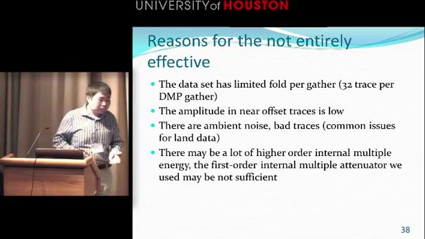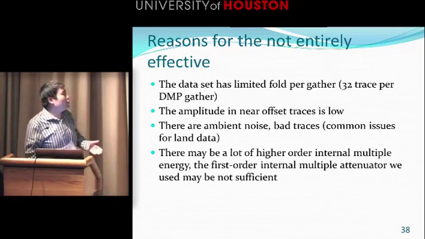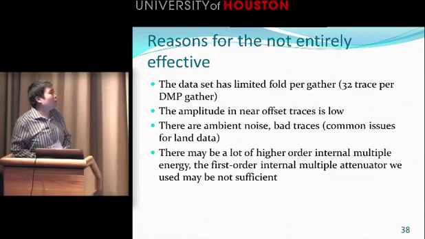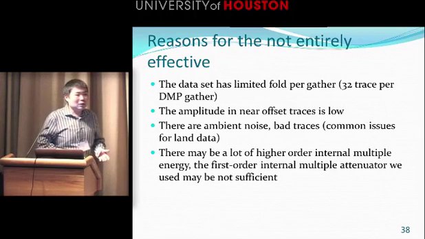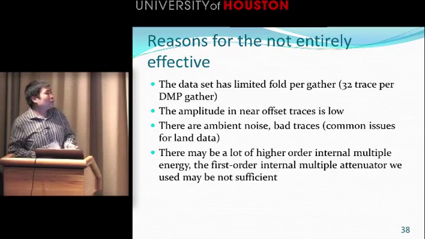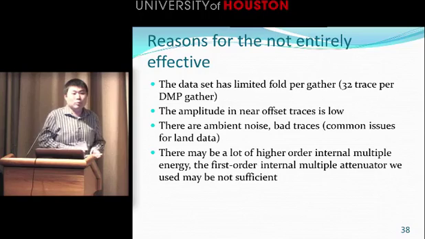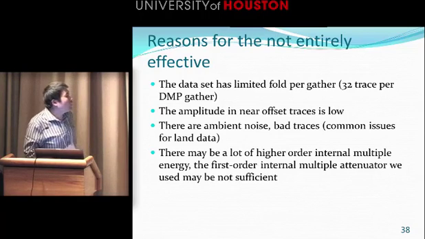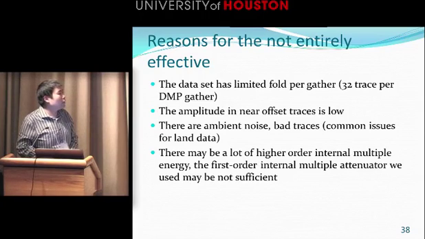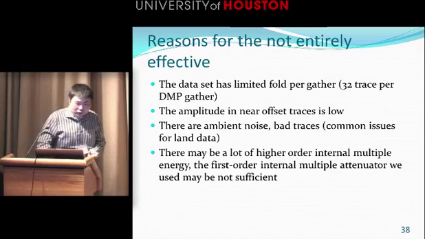What's the reason? Here are some reasons we think. First of all, the data has very limited fold per gather. It's only 32 traces per gather. And nowadays, I think you can easily find data with 10 times this fold for each CMP gather, or even more. And the amplitude in the near offset traces of each gather is kind of low. What does that mean? I will show you.